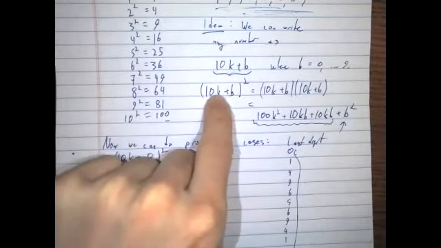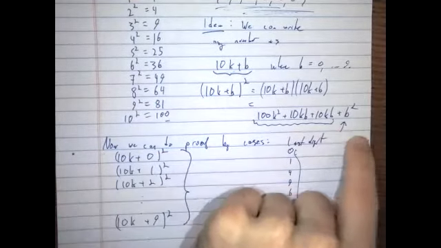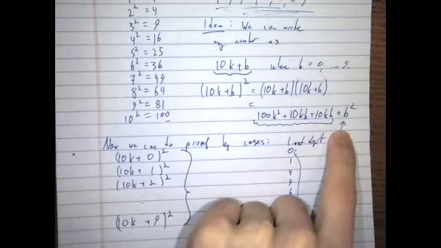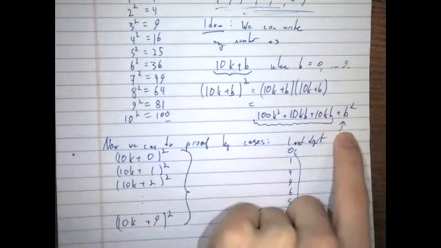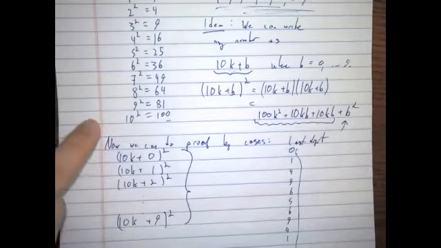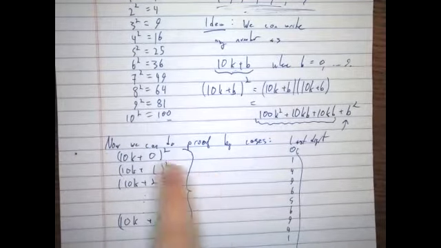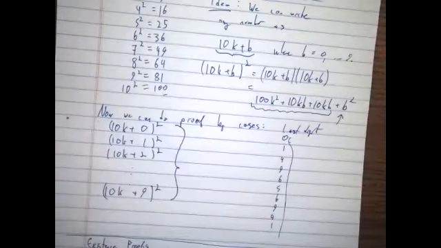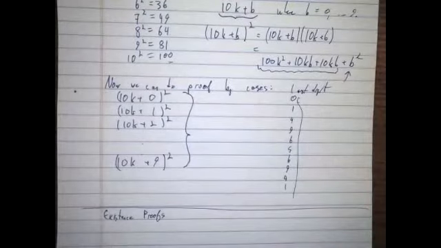Since the square of 10k plus b is equal to this, then the only term here that contributes to the last digit is the b squared term. Therefore, we check the following cases, and then you'd write out in each of these cases what it is. So one should be a little more formal with this proof by cases thing.